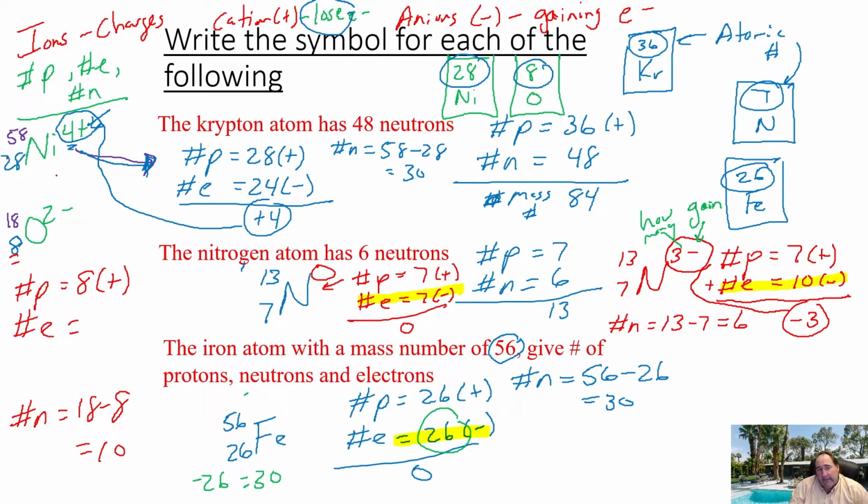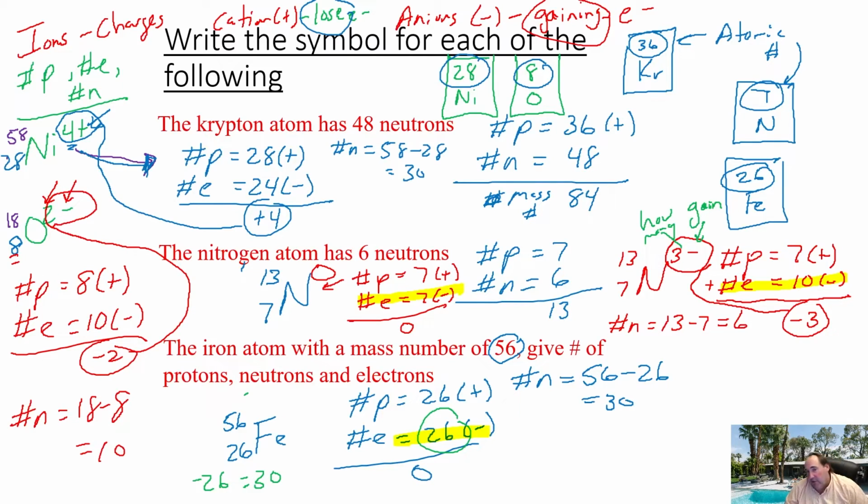I see negative, which means it has gained electrons. And it has a 2, which means it has 2 more electrons than it started with in its neutral state. Looking at its atomic number, which is 8, having 2 more electrons means I just add 2 to that, which would be 10. Now when we add those together, 10 negatives and 8 positives, leaves me a -2 left over, which once again is where the charge comes from.